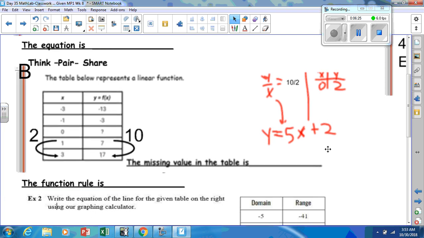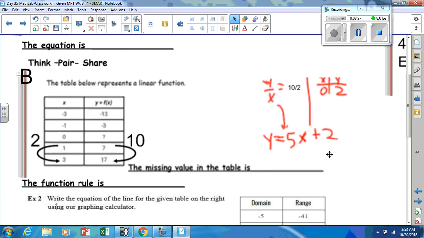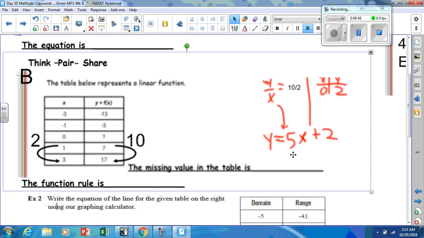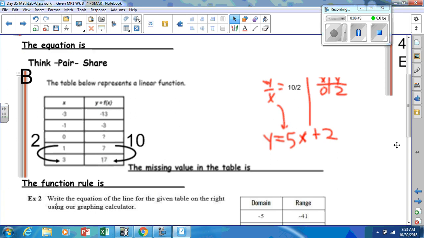Easy peasy, okay? So if the rate of change is 5, how am I getting 2? Think about it, guys. Every time I go up by 1 or down by 1, I have to go up or down by 5.